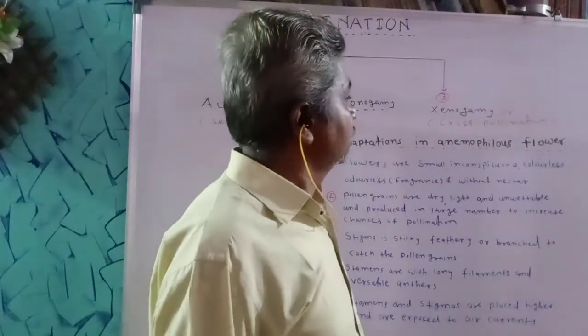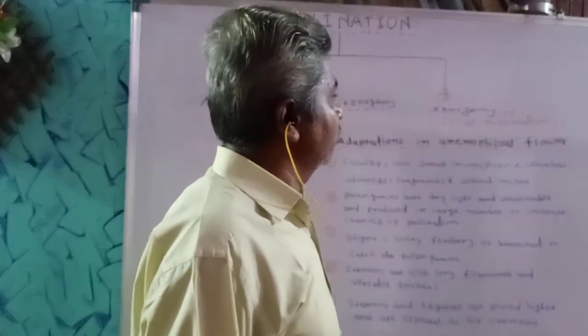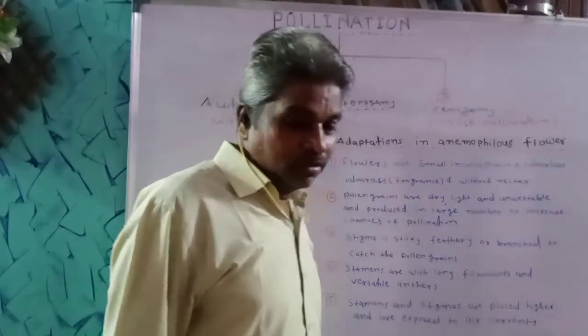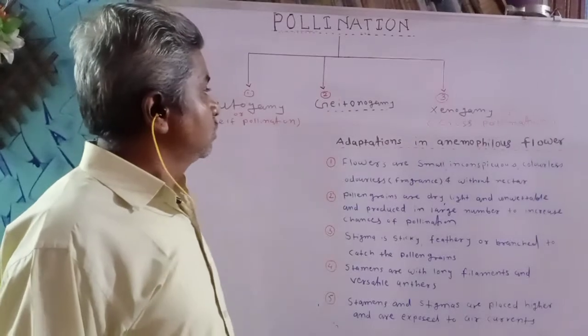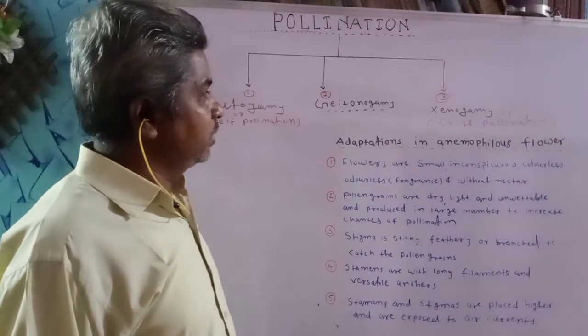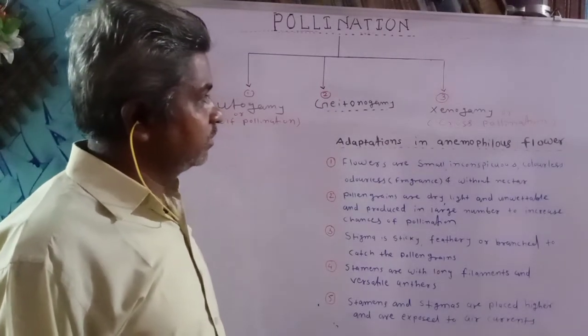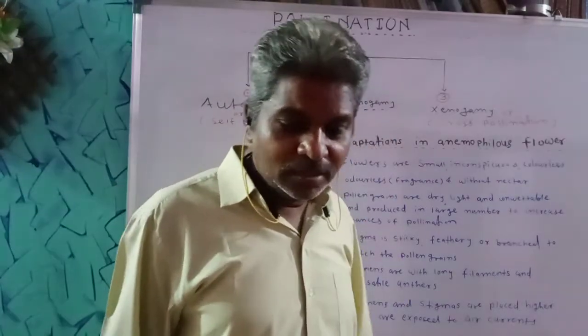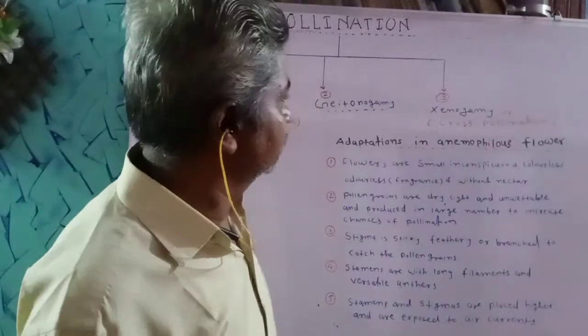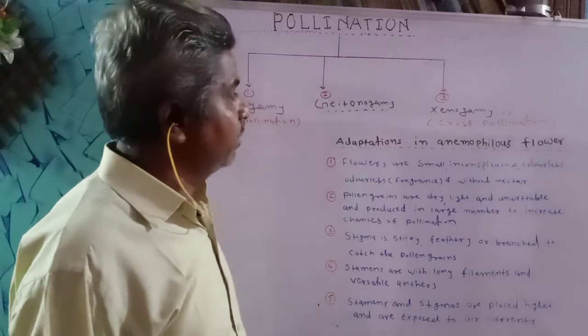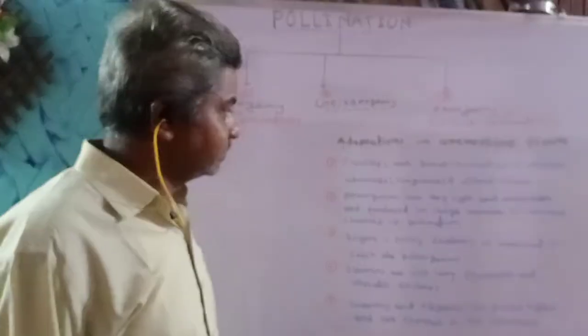Such a process is called xenogamy or cross-pollination. Example, cotton. Since two plants are involved, it is cross-pollination.